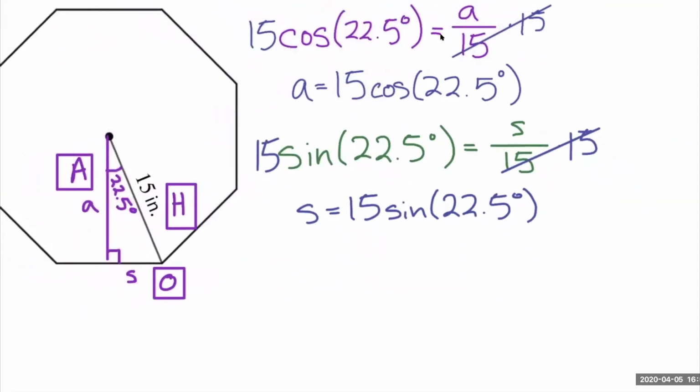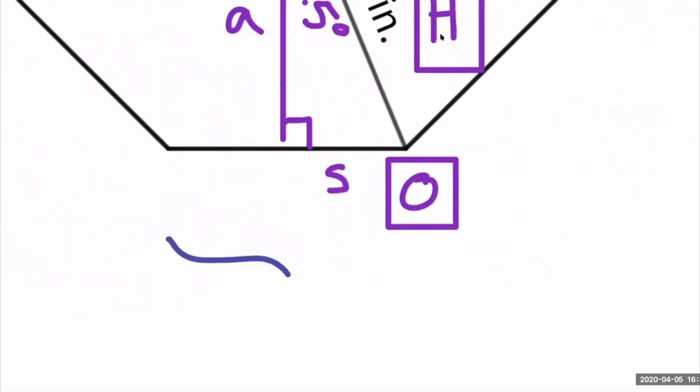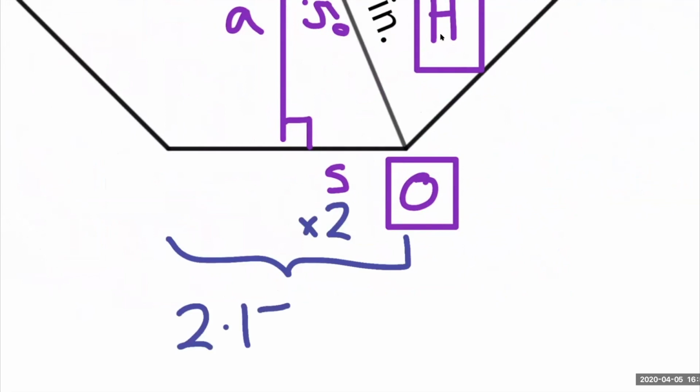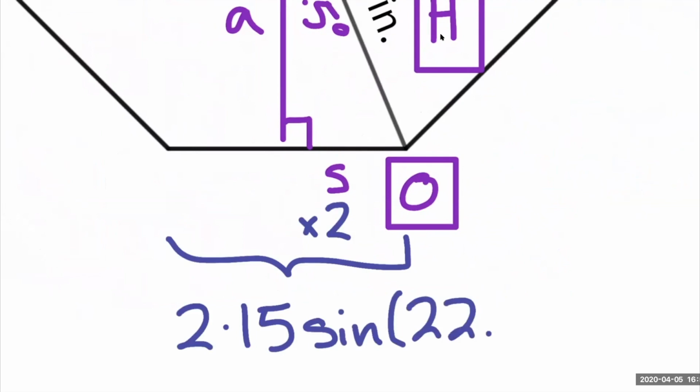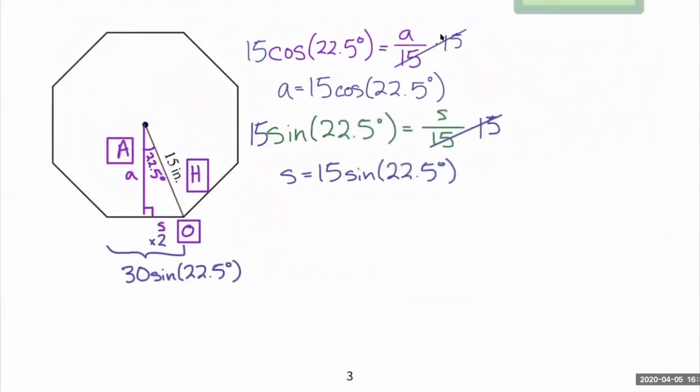All right, what that means for us is that if we are trying to find the entire side of our octagon so that we can find the perimeter, we're going to take this S and multiply by 2. Right? So 2 times 15 sine of 22.5 degrees, which with the 2 and the 15, we can just call that 30. All right, and now it's time for us to solve for area.